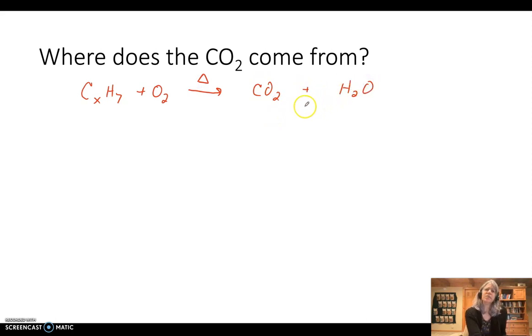Okay, and so when we think about these combustion reactions, what we have to do is think about, well, where does this carbon dioxide come from? And the important thing here is that the carbon in the carbon dioxide comes from the compound that we have, right? Because all we have in there is our compound and excess oxygen.